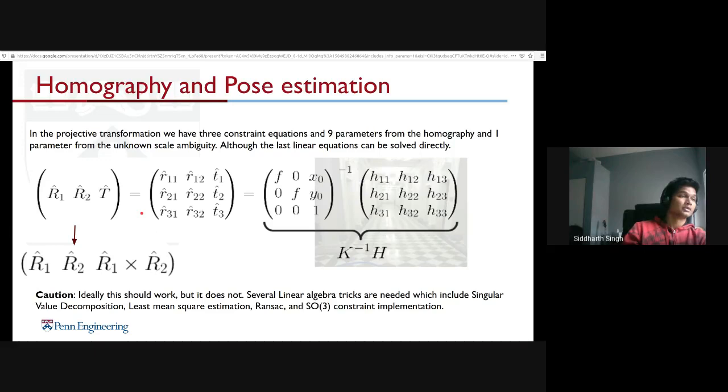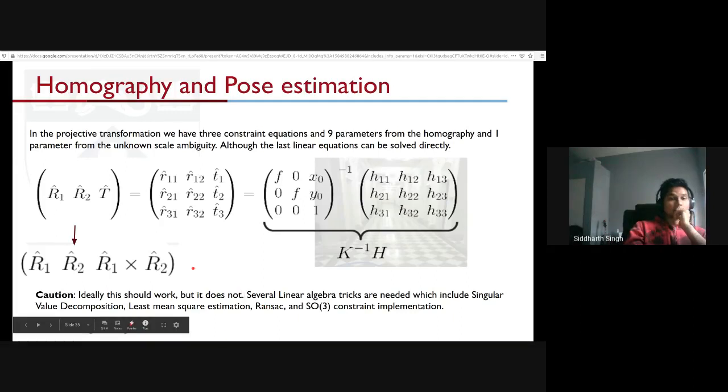In that case, we would have eliminated either R1 or R2, but that would make no difference because we might have a different homography, right? Ultimately, when we want the three columns of the rotation matrix, we can multiply either two and get the third one, right? So the SO3 constraint is a trick.